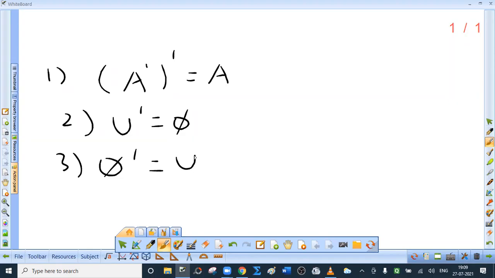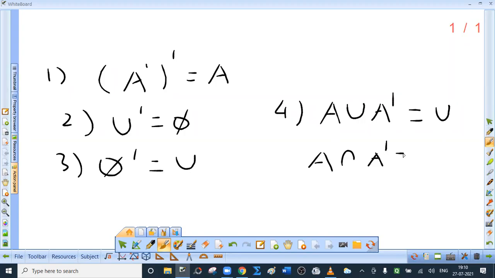There are actually two more, but we haven't discussed them. A union A dash is nothing but the universal set. We haven't discussed union yet. Then A intersection A dash. We haven't discussed intersection yet, but still, intersection means common elements. Not a single element is in common. So it is the null set.